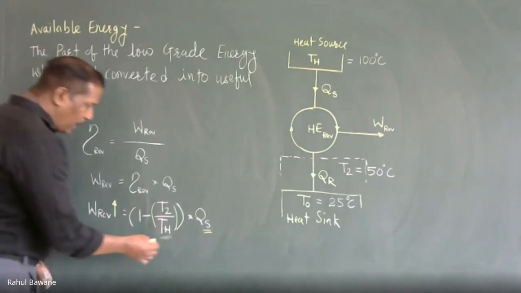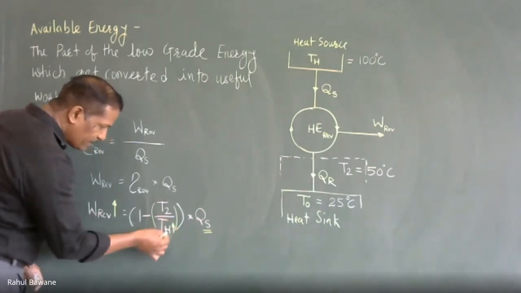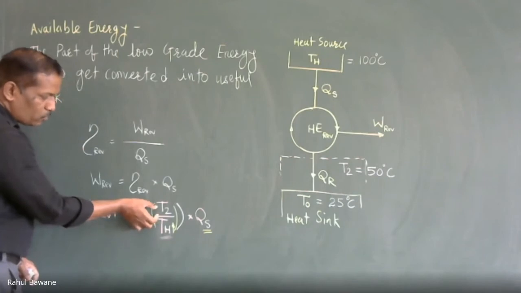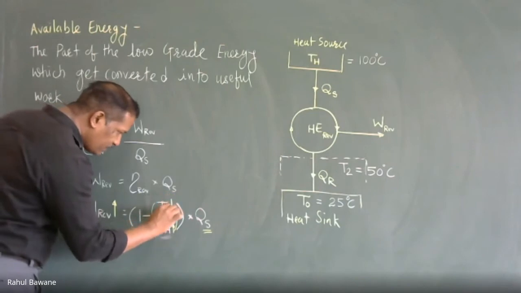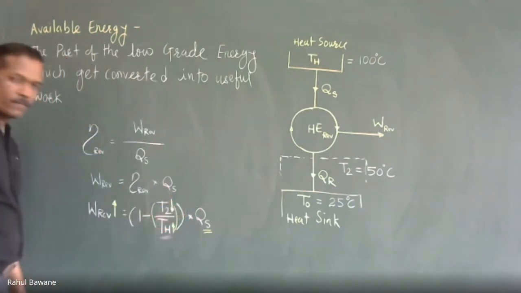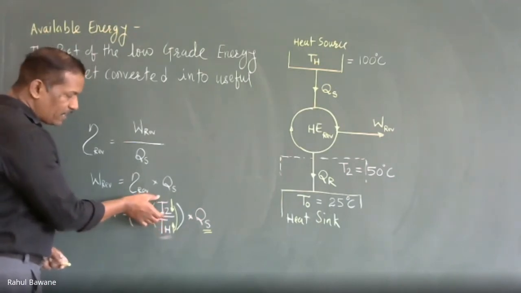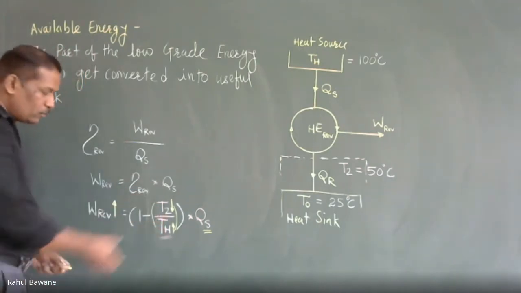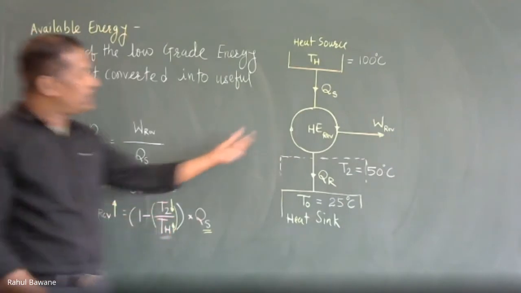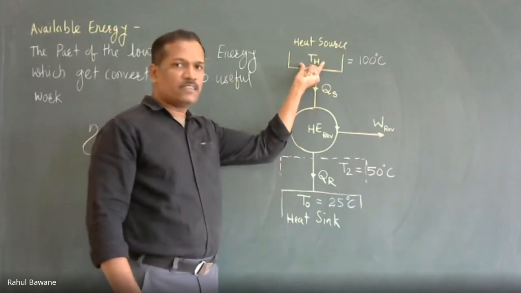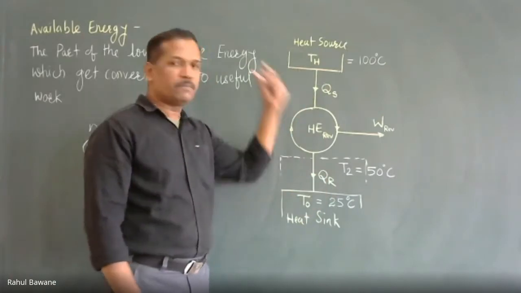Either I increase the value of TH, if I increase the value of TH, this total fraction will be reduced, or I have to decrease the value of T2. If it is not possible to increase the value of TH, in that case I have to decrease the value of T2. So the total fraction will be minimum. Now increasing TH is not possible because each time I am using the same fuel, so the same temperature will rise.